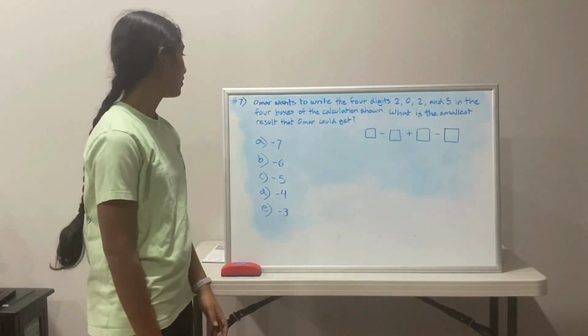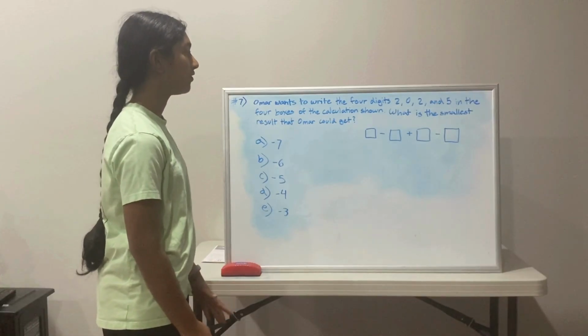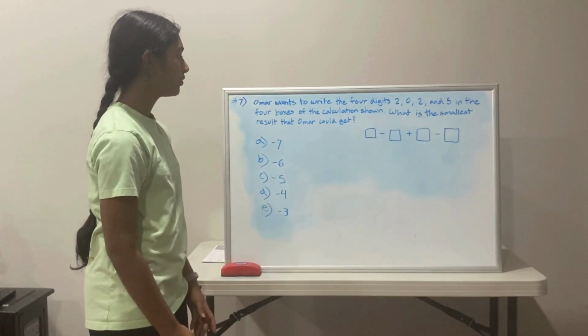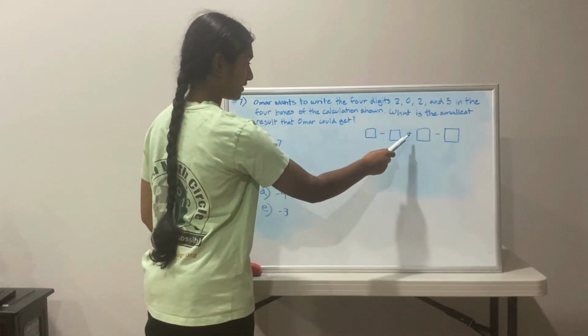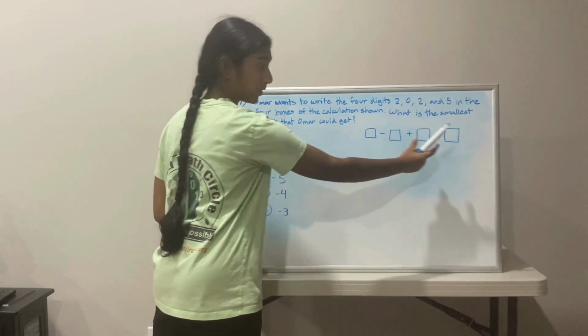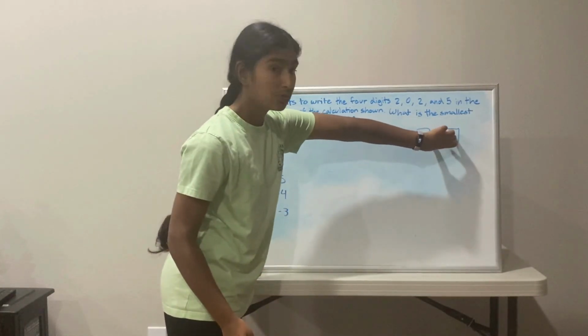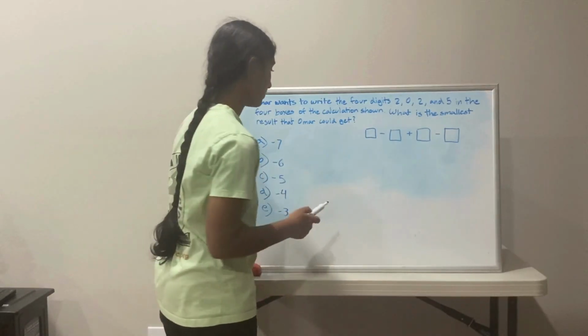Number 7. Omar wants to write the 4 digits 2, 0, 2, and 5 in the 4 boxes the calculation showed. What is the smallest result that Omar could get? So one thing is that this is addition, so we've got one part and another part. And it doesn't matter which numbers go in these 2 parts because either way, addition is commutative, it equals the same thing.